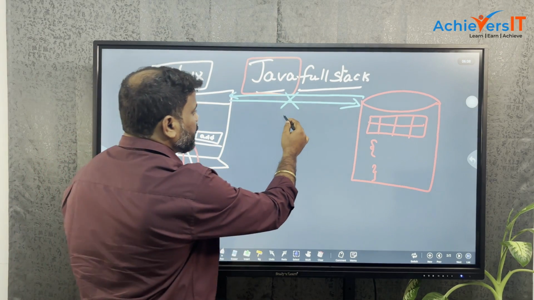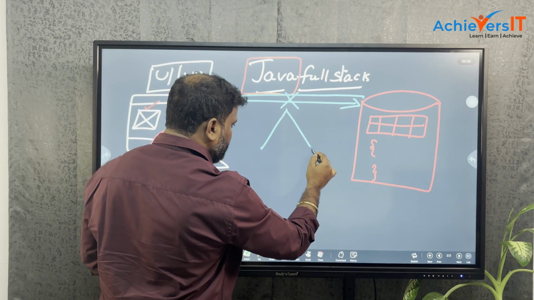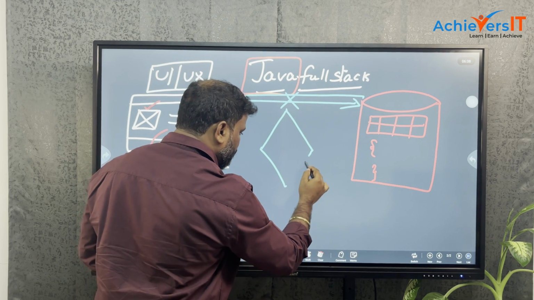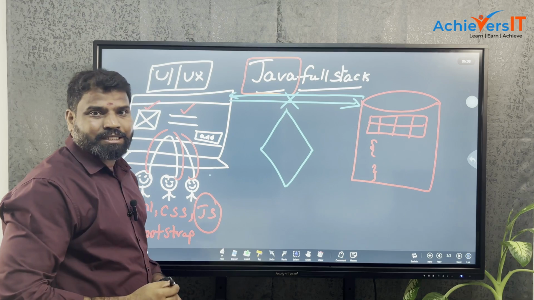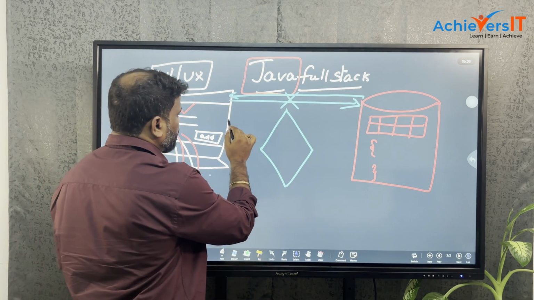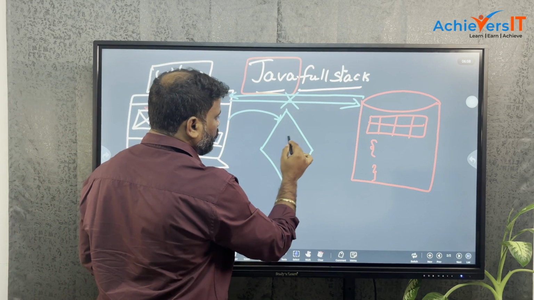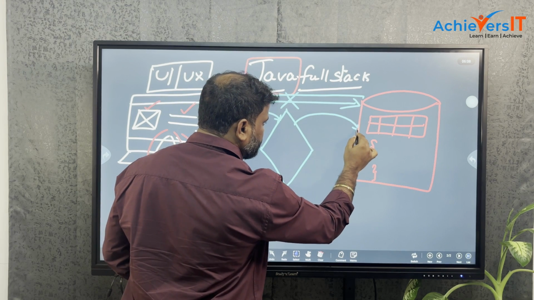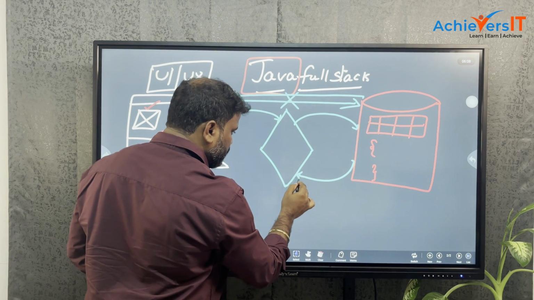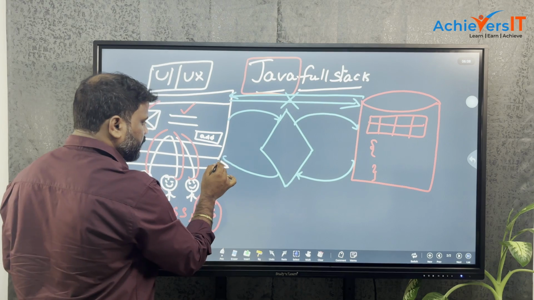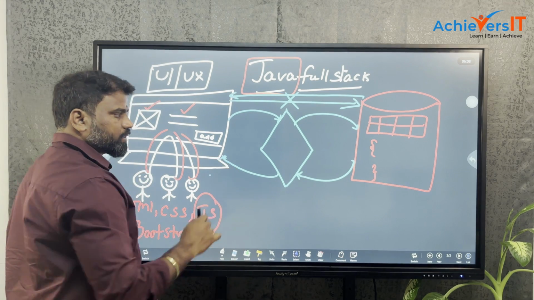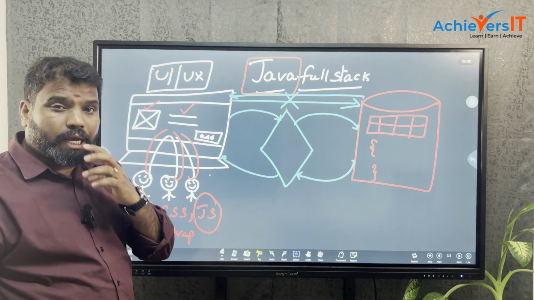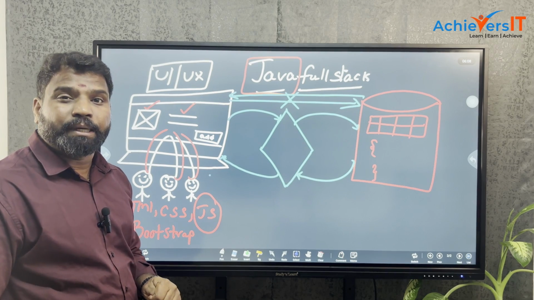Guys, in this, we have to create an intermediate layer, which can also be called the interaction layer. The request from client goes to server, then server to database, again database to the server, and finally data has to be displayed in the client. This is how the architecture has to be implemented.